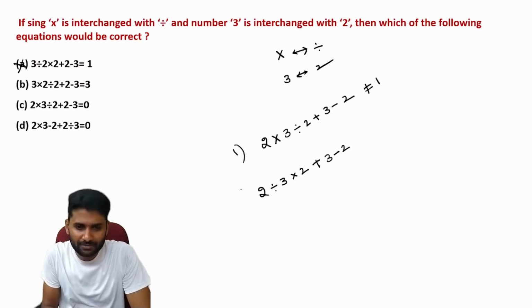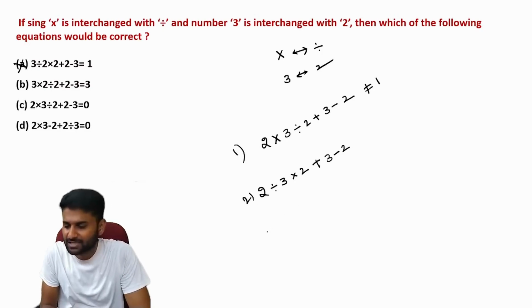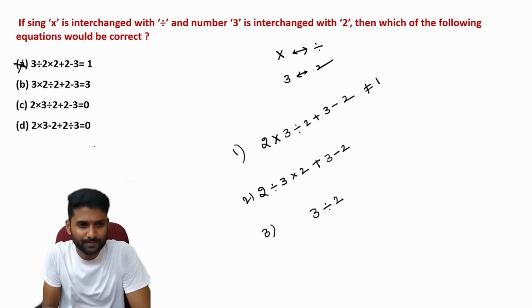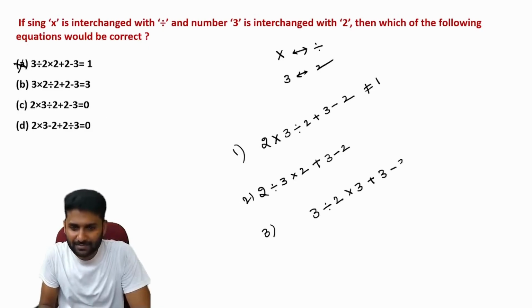Let's go through that option. Why? Because see, 2 divided by 3 means definitely you will get the decimal. Third one. 3 divided by 2 and multiplied by 2 plus 3. Sorry, it is multiplied by 3. 2 should be replaced by 3, 3 should be replaced by 2, and division should be multiplied, plus as plus and minus as minus.